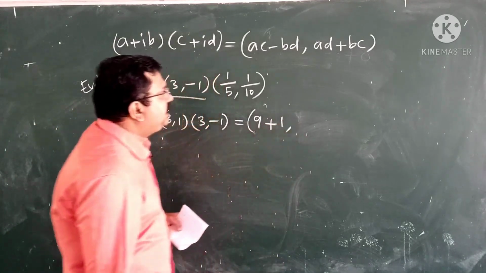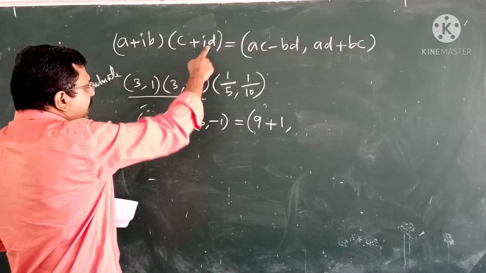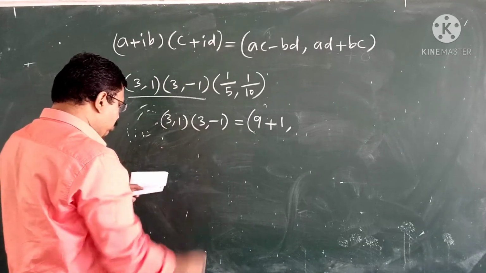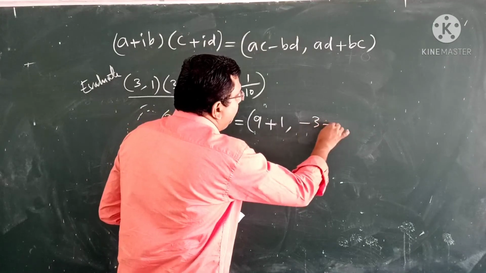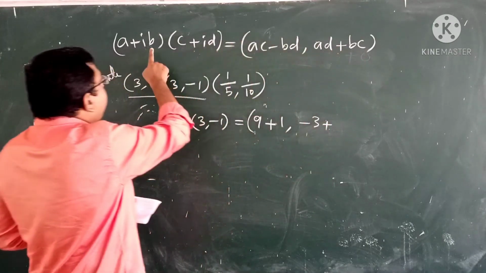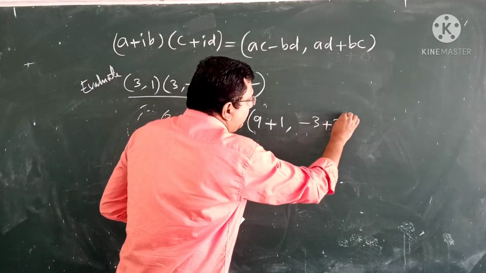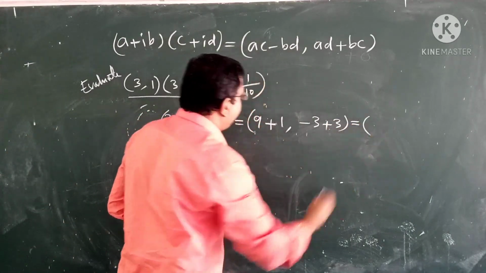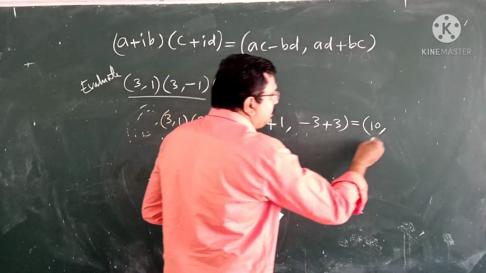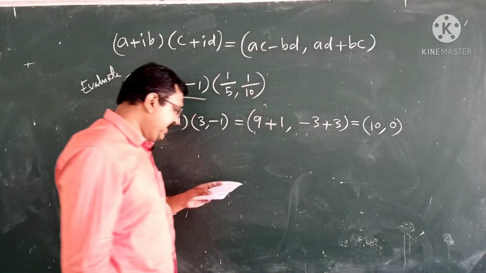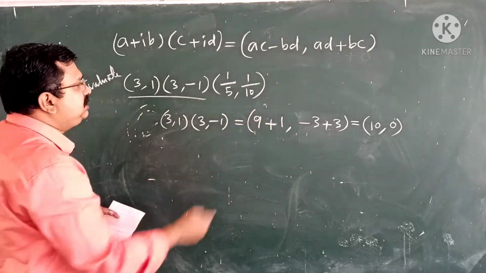Comma. Next we want a into d, that is 3 into minus 1, that is equal to minus 3, plus b into c, that is 1 into 3, that is plus 3. This is equal to 9 plus 1 is 10, comma, minus 3 plus 3 is 0. We get our first result: (10, 0).